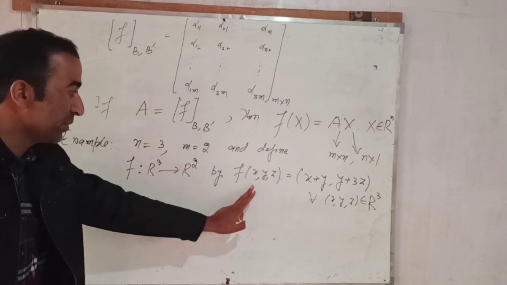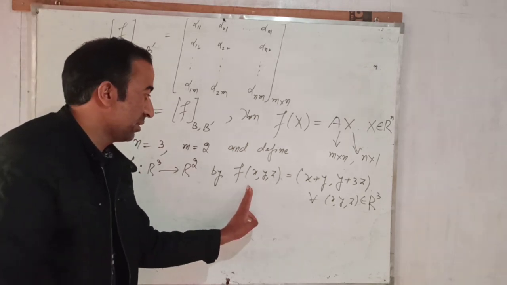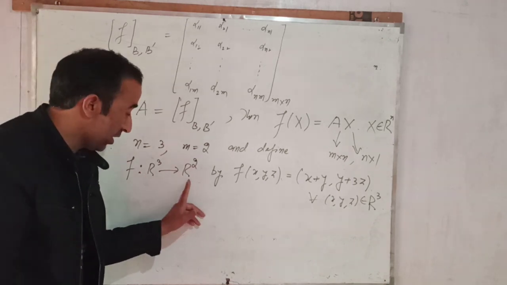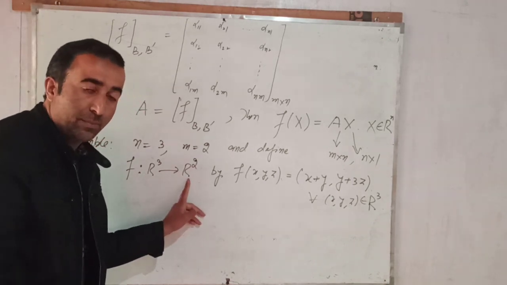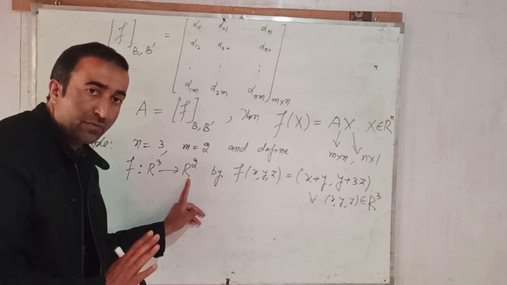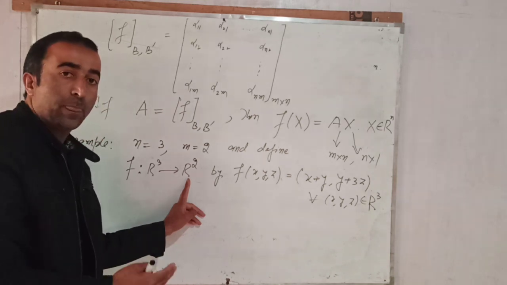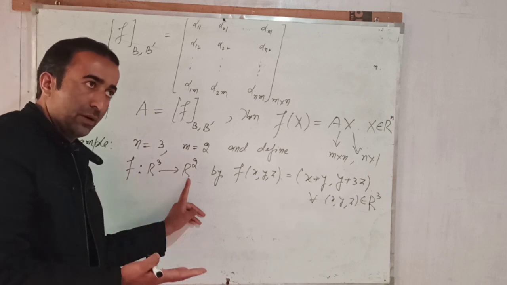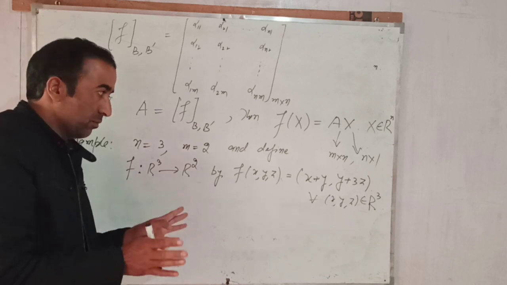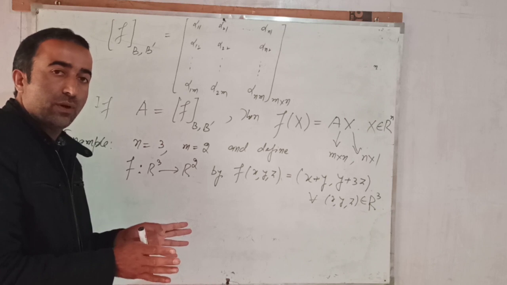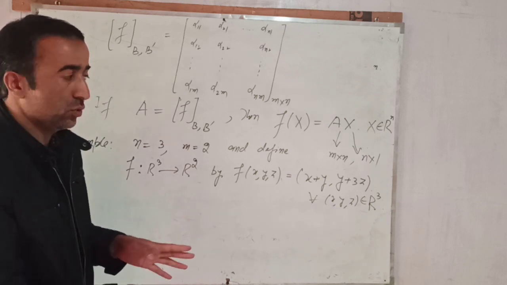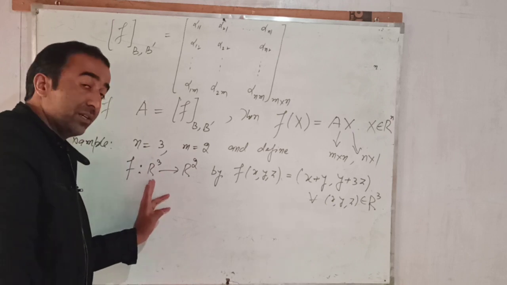I want to construct the matrix of this f. For that I have to choose a basis of R3 and a basis of R2. Remember, in this matrix representation of linear functions, since we are interested in the calculus of vector fields or scalar fields, I will always choose the standard basis.